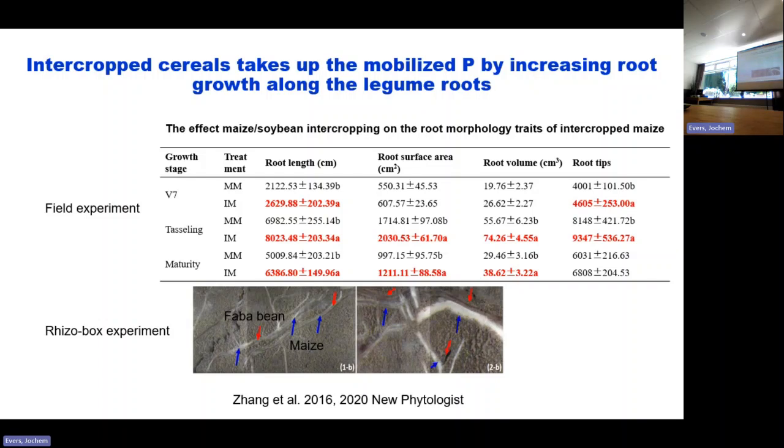In this study, actually, there are a lot of data. The main idea is to show that the maize root length is much higher than the faba bean. So that means the maize can take up the phosphorus easily, and the faba bean can play a role to mobilize the phosphorus.